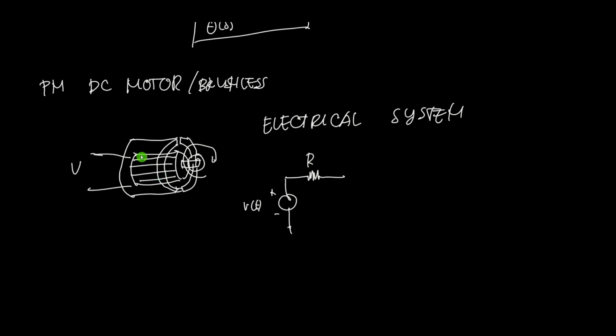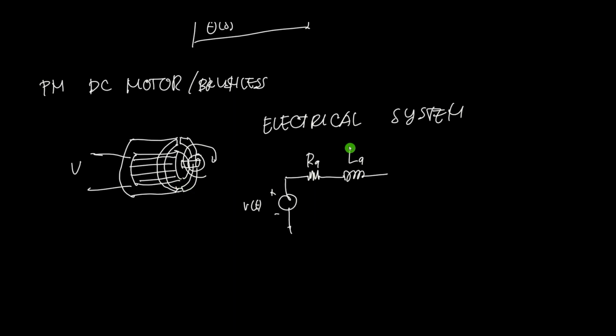Then because the rotor is a coil, and a coil means an inductor, we also have an inductor, LA. If we make the resistance of the wire at the input negligible, then we can just look at the resistance of the armature.